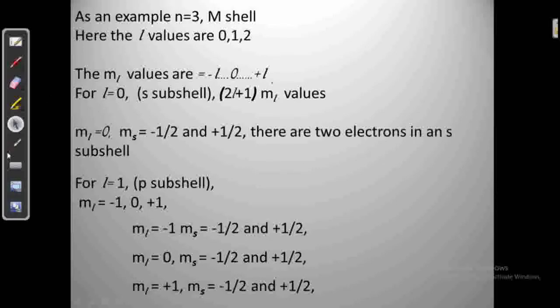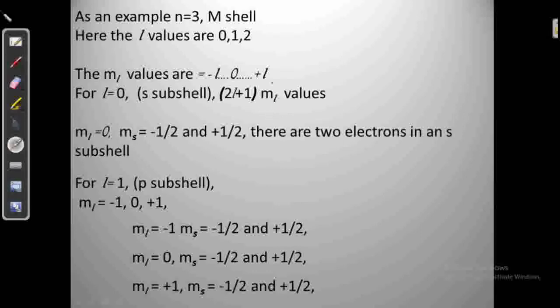So we can take another example, n equal to 3. This is the M shell, K, L, M shell. The values of L for n equal to 3 will be 0, 1, up to n minus 1, that is 0, 1 and 2. The ml values are usually minus L, 0 to plus L. So for L equal to 0, that is the s subshell, there will be 2L plus 1, that is 2 into 0 plus 1, only 1 ml value.